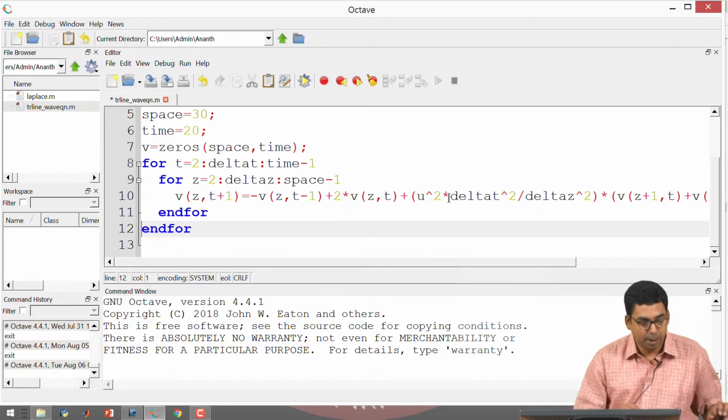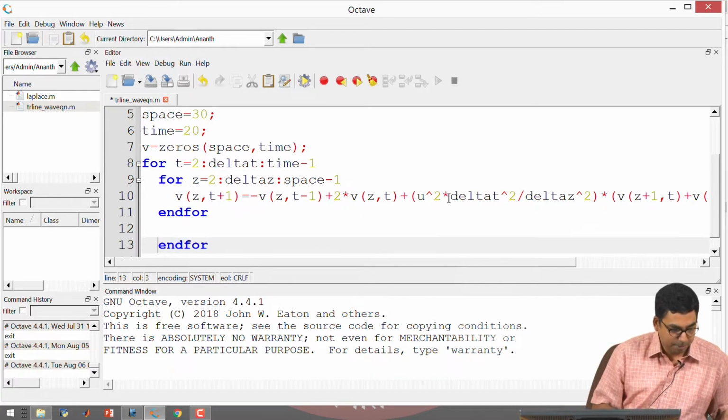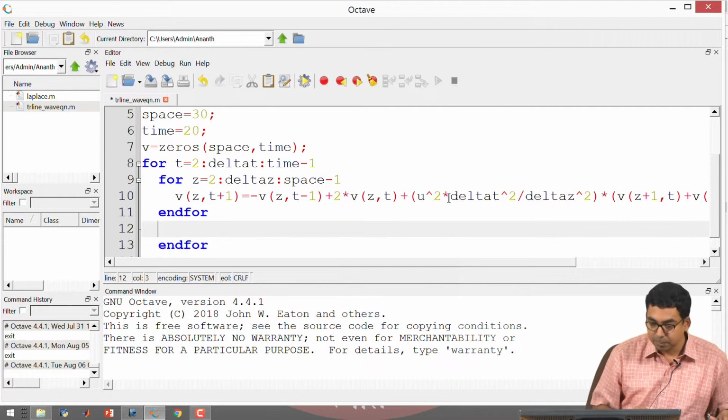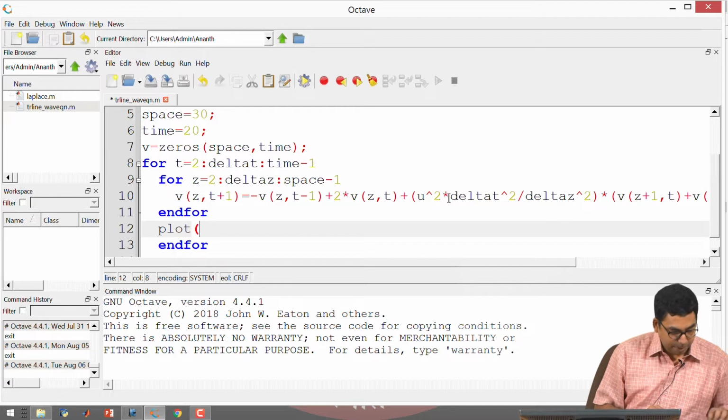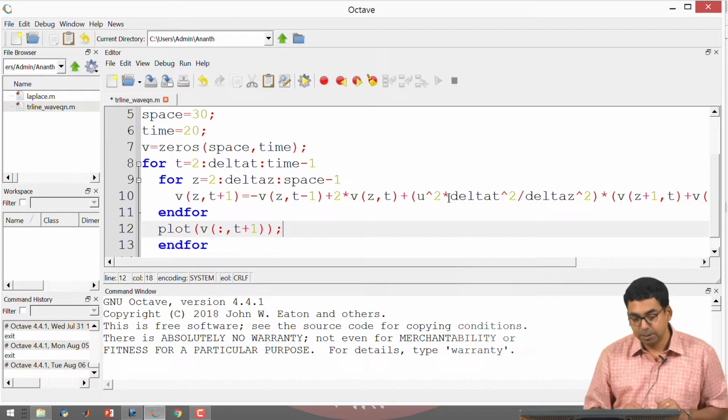So, I am just going to go ahead and have a plot command, right. So, I am going to be having plot the voltage at all points in space and the new calculated voltage now.